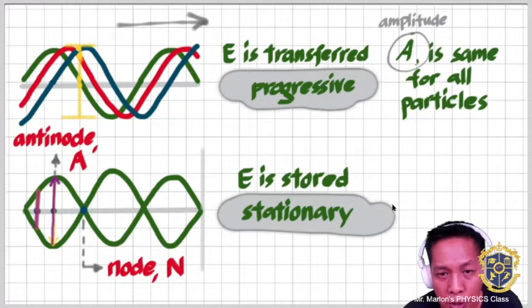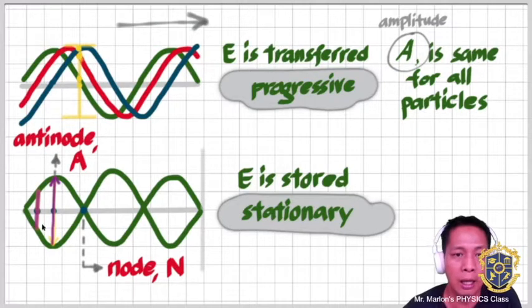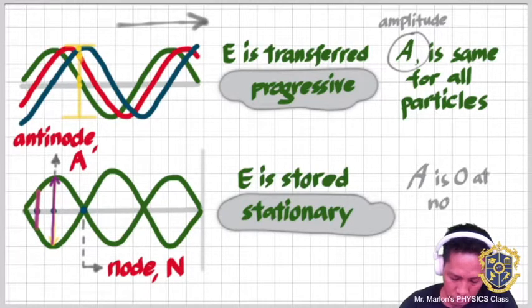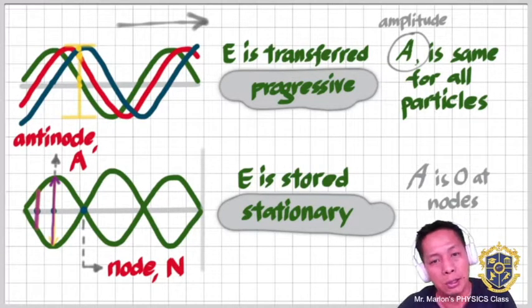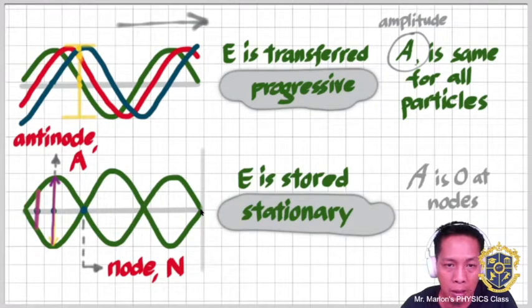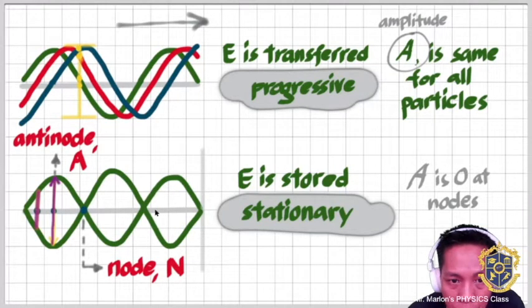Now the amplitude in this standing wave or stationary wave is 0 at all the nodes. They don't move. The particles here don't move up or down. They remain in their equilibrium position, even if there's a wave around.